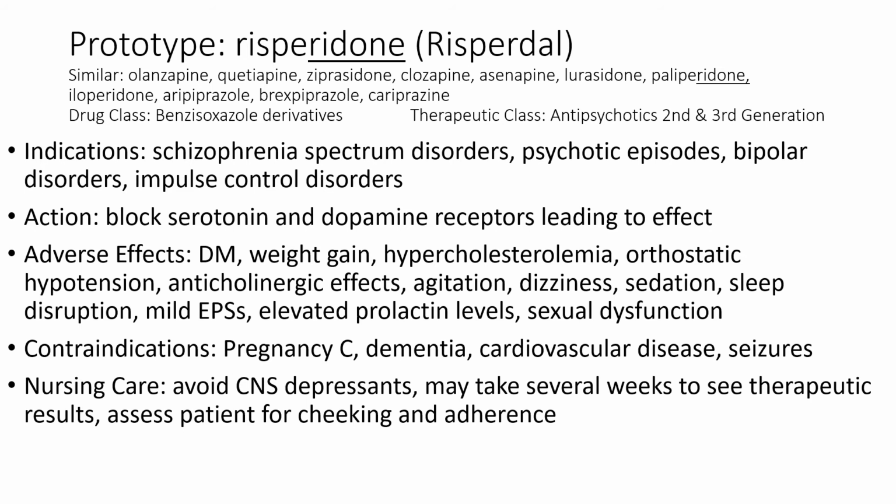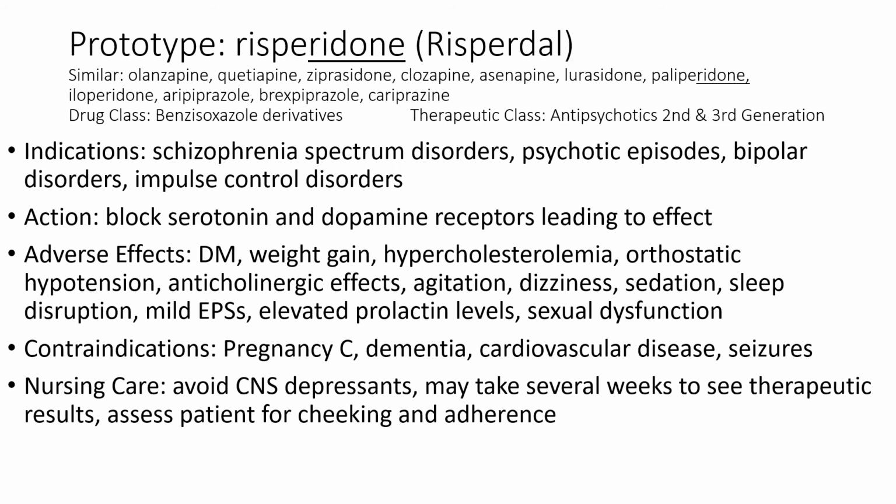So these antipsychotics block serotonin and dopamine. They're not felt to have as much EPS side effects, and that's why they became much more popular compared to the first generation antipsychotics that could definitely cause all those nasty EPS side effects. Okay, so these came onto the market and have been used much more commonly.